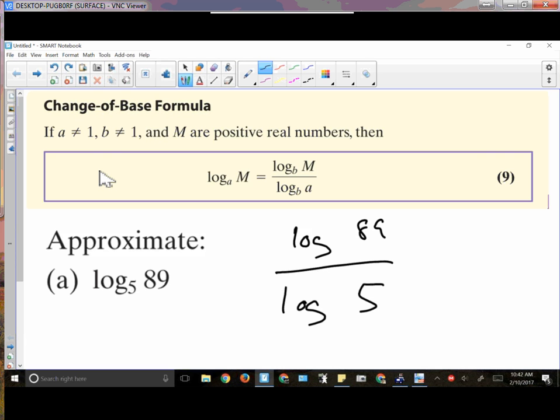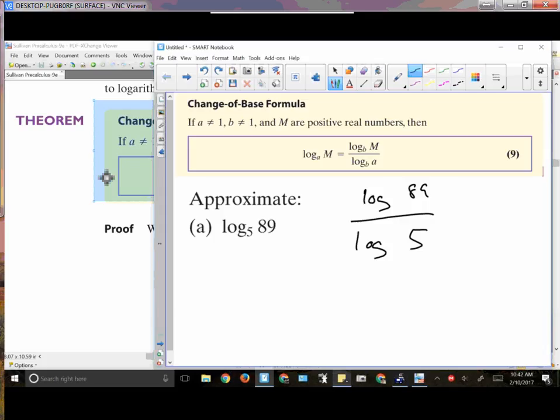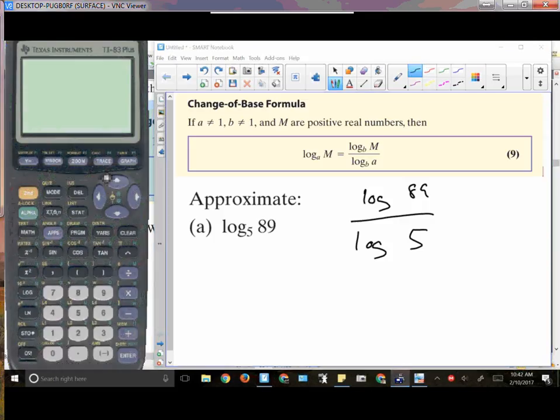The reality is, no, it isn't. So it doesn't matter what base I've got. All I really need to do then is take log of 89, divide it by log of 5. That's it. This is how you deal with logarithms when you don't have a base that you can easily put into a calculator.